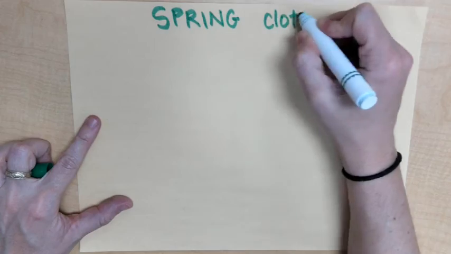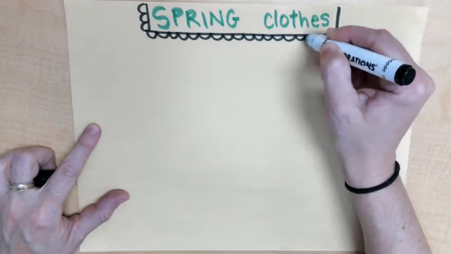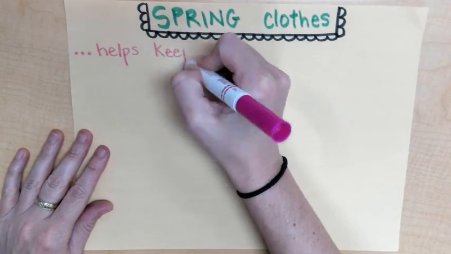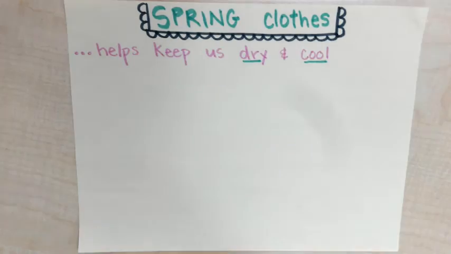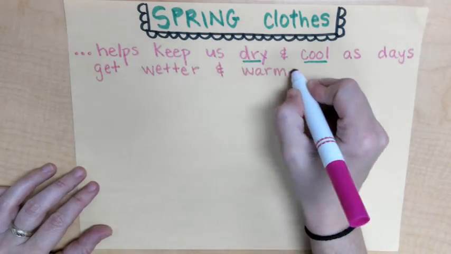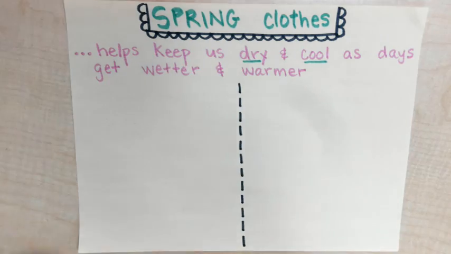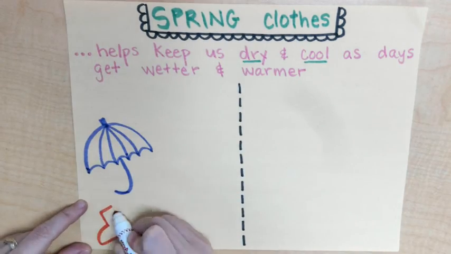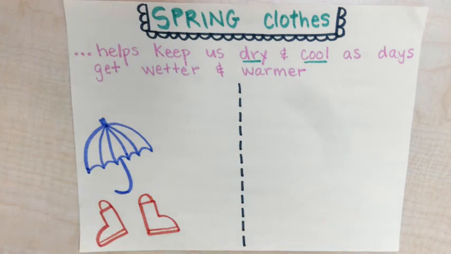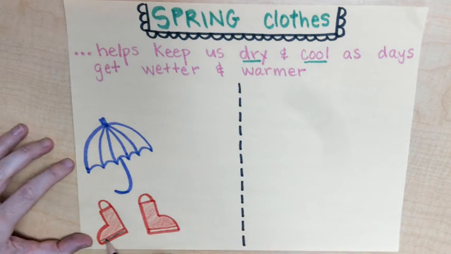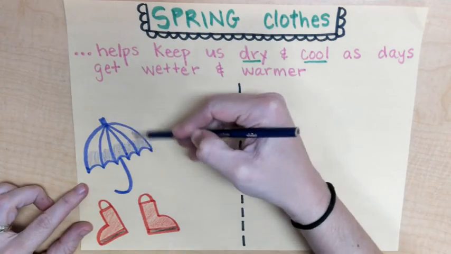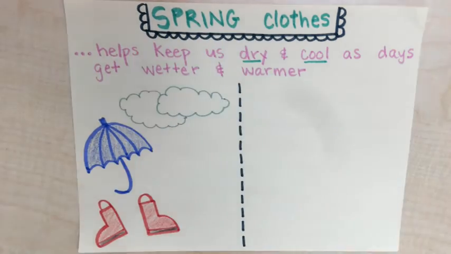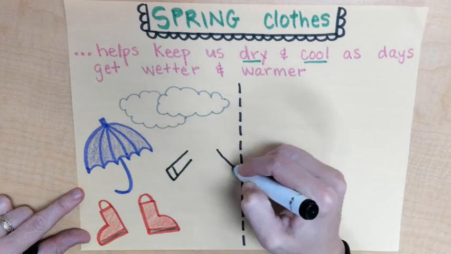And another change to think about when it comes to moving from season to season is what kind of clothes might you wear depending on the season. And when we're talking about the clothes that we wear in spring, well, whatever it is that we wear, it needs to keep us either dry or cool, as in not too hot.